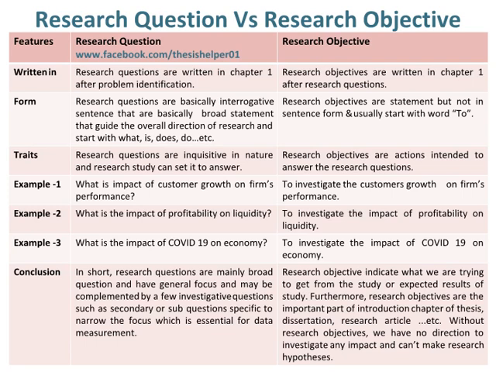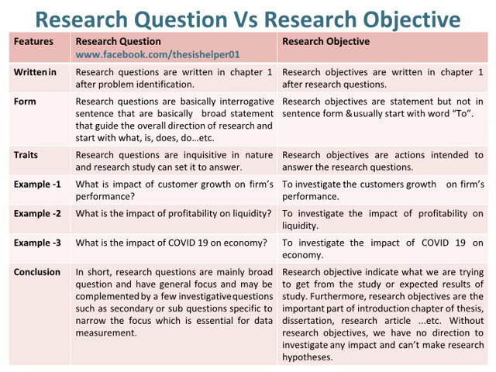In short, research questions are mainly broad questions and have general focus and may be complemented by a few investigative questions such as secondary or sub-questions specific to narrow the focus, which is essential for data measurement. Whereas, research objectives indicate what we are trying to get from the study or the expected results of the study.